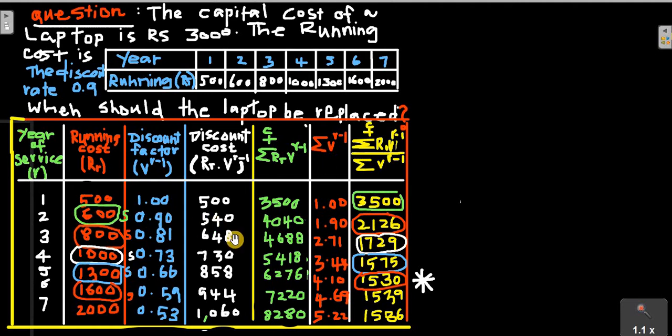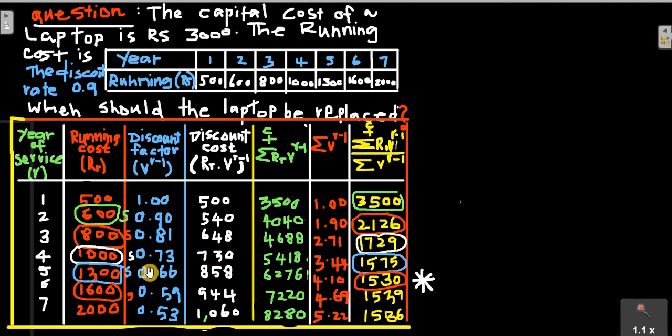For the third year, multiply 800 into 0.81, you will get 648. For the fourth year, 1000 into 0.73, you will get 730.